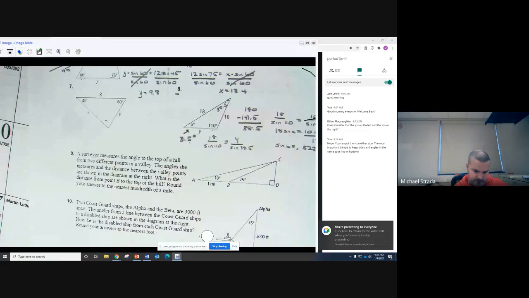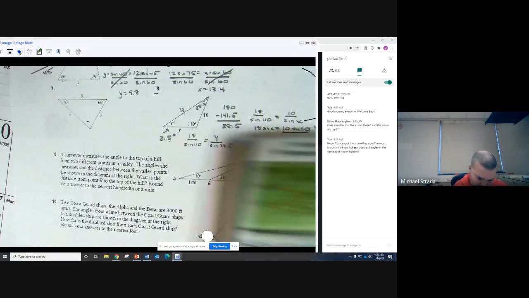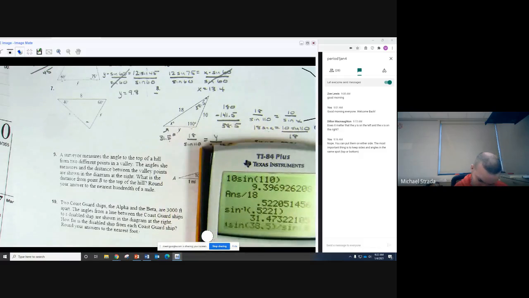I'm going to cross multiply 18 times sine 38.5, and divide that by the sine of 110. And I get 11.9.